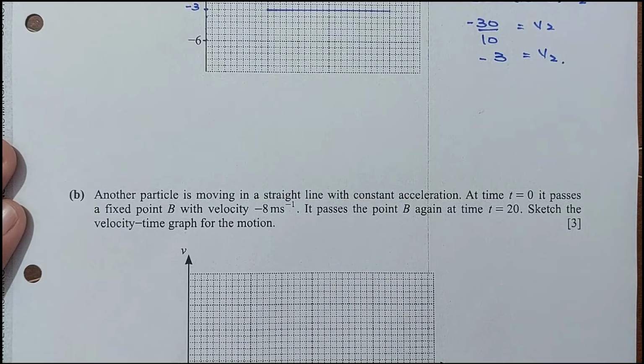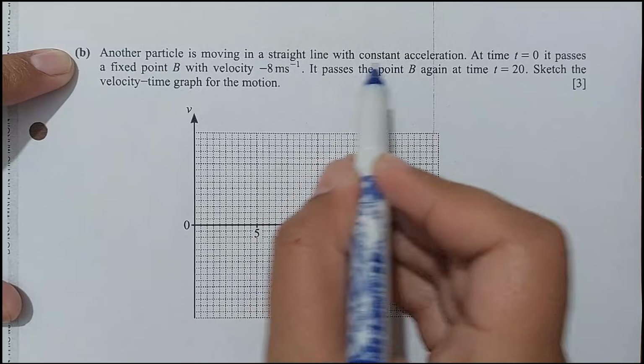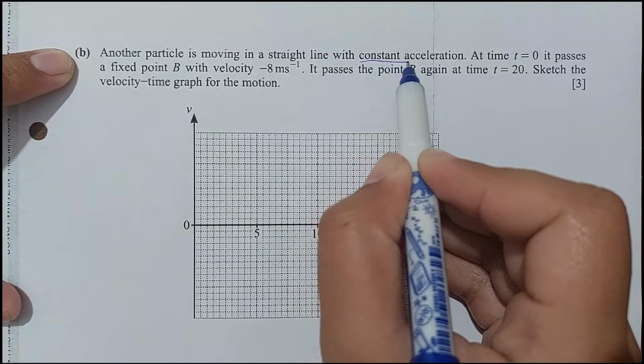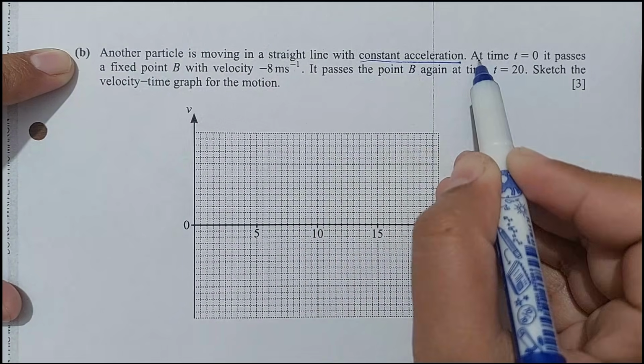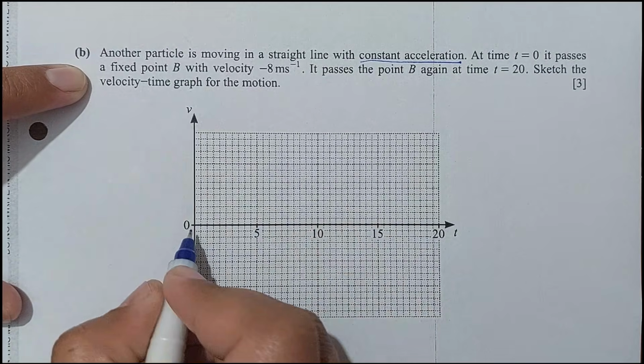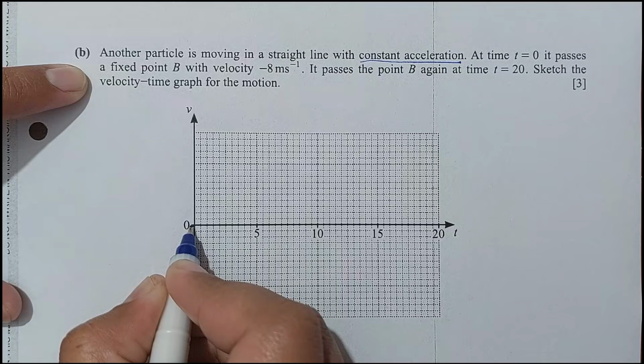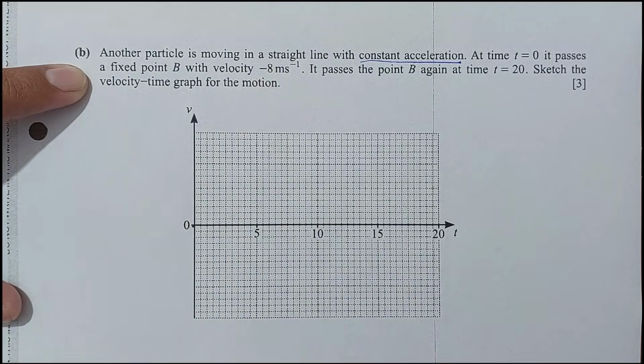Now moving to part B. Another particle is moving in a straight line with a constant acceleration. At t equals to 0, it passes through the fixed point B with the velocity -8 meter per second. So this is again a velocity time graph.